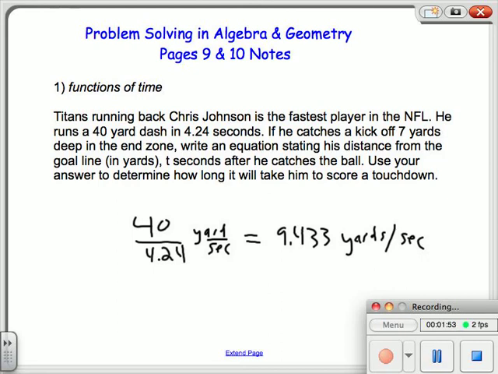So now we need to figure out how time affects his distance from the goal line. I think if we just draw a nice two-dimensional graph, we can realize that since he starts 7 yards deep in the end zone, it's almost like he's starting at -7.